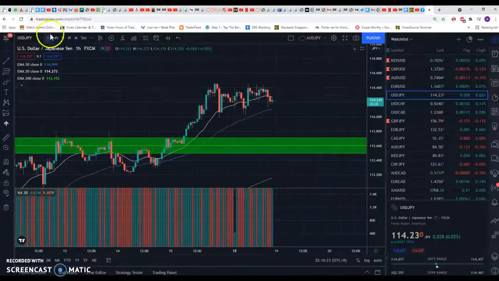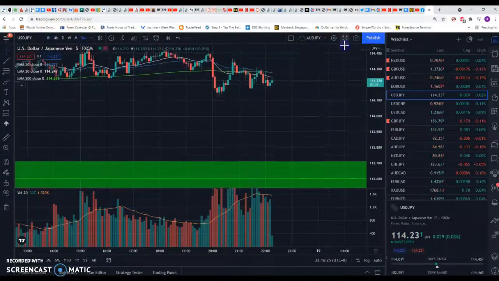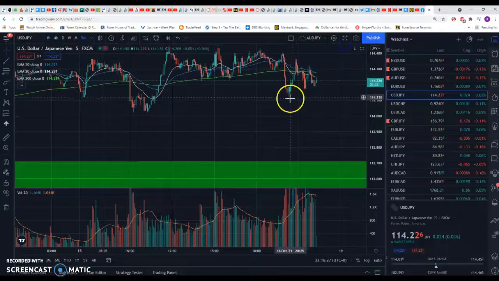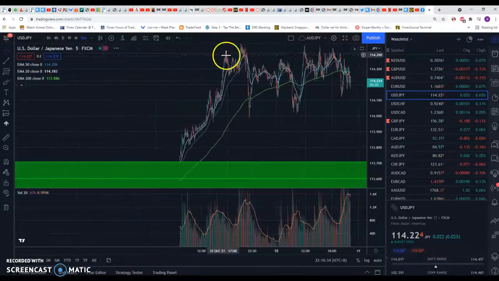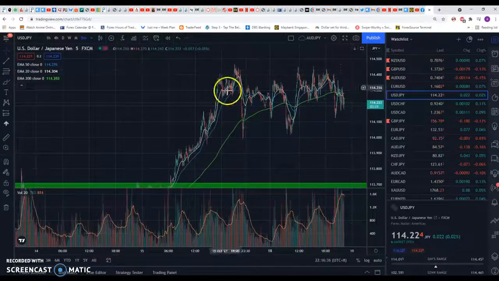Other than that, the trade still works out. I entered at this area, trying to take it down to the bottom here. So it actually went downwards because it's kind of overbought right now.